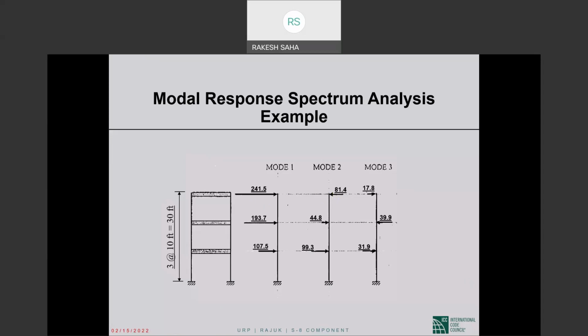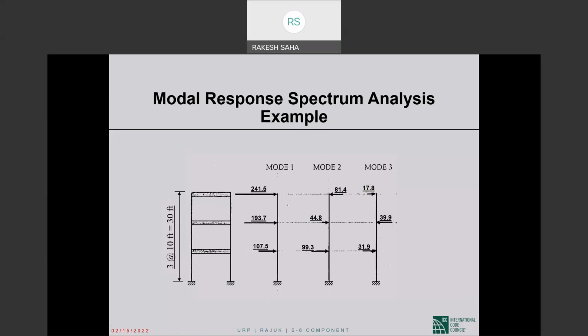So the only way to go, there is no shortcut. You have to analyze the structure under the first mode forces. You have to do a second analysis of the structure under the second mode forces. You have to do a third analysis of the structure under the third mode forces, and then take the square root of the sum of the squares of the bending moment at a support section, or the shear force at the end of a column, or the axial force in a column.